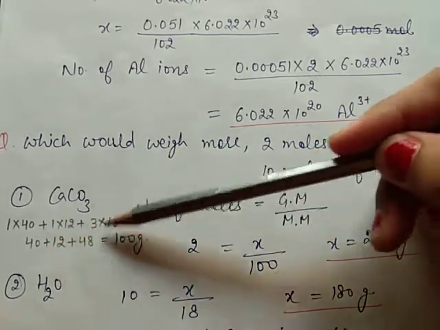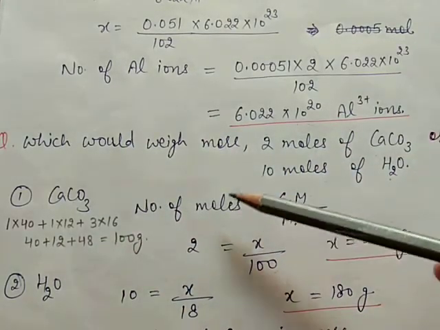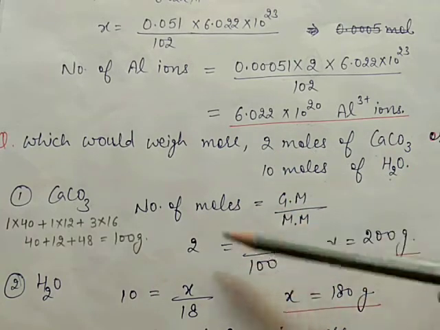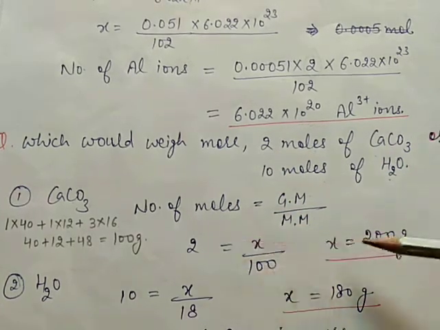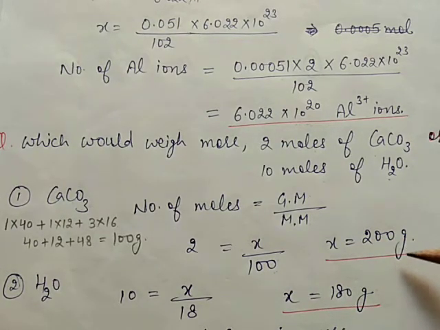After calculating, 100 is the answer. Apply this formula, number of moles 2 are given, given mass we have to calculate, divided by molar mass 100. After cross multiplication, x is equal to 200 gram.